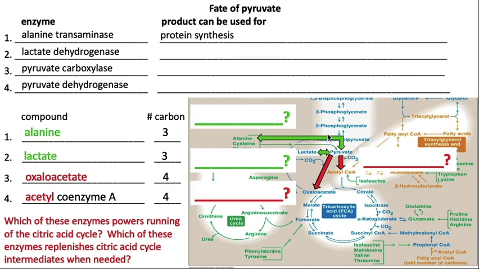lactate dehydrogenase. Lactate dehydrogenase allows the interconversion between lactate and pyruvate, and this is really useful in sharing metabolism between cells.